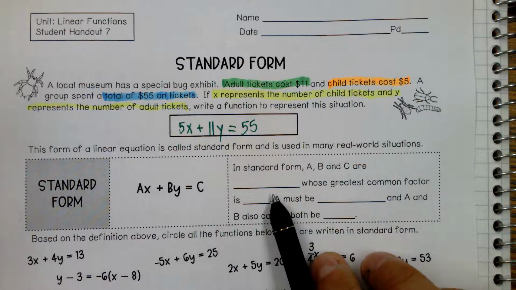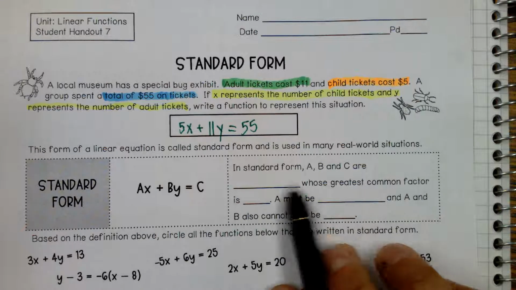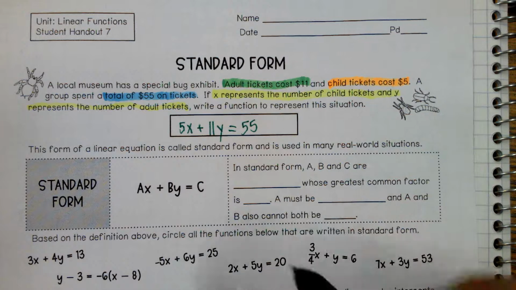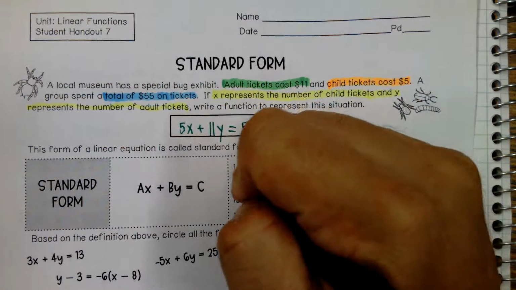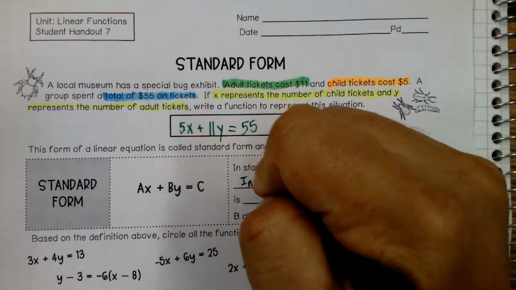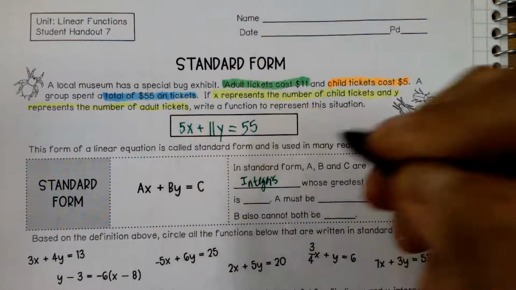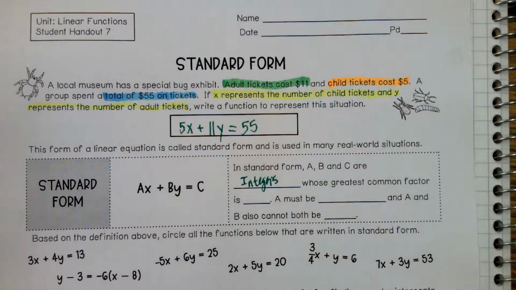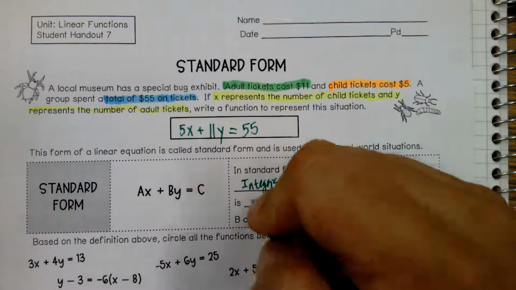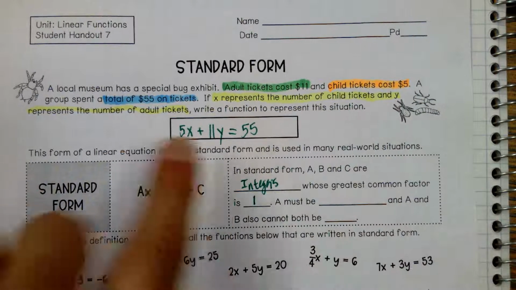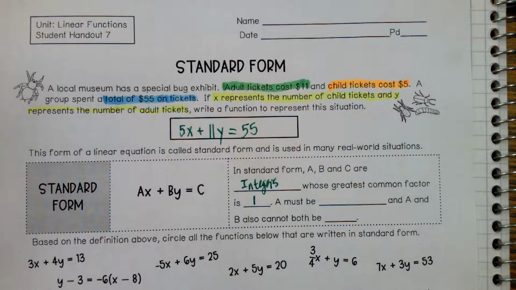For example, a, b, and c have to be integers, positive and negative whole numbers whose greatest common factor is 1. So I can't divide out anything from these numbers.